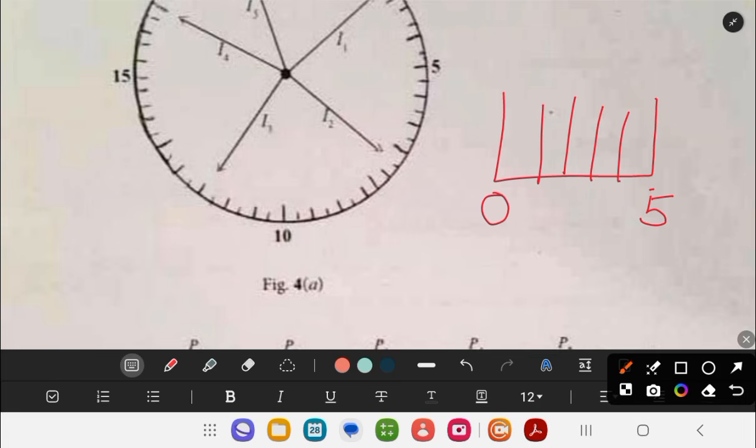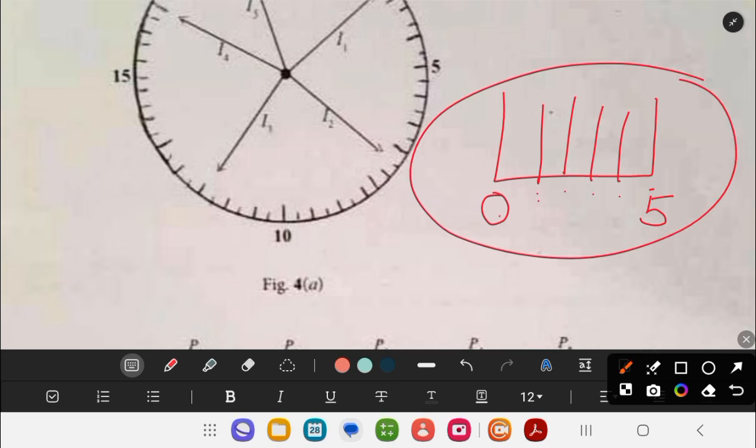So you have 0 here, you have 5 here. Now, how would you know the smaller dimensions? 0, 1, 2, 3, 4, 5. Great. But mathematically, how can it be calculated? Now, this is how you go about it. You always pick consecutive readings that are indicated on whatever instrument you have.